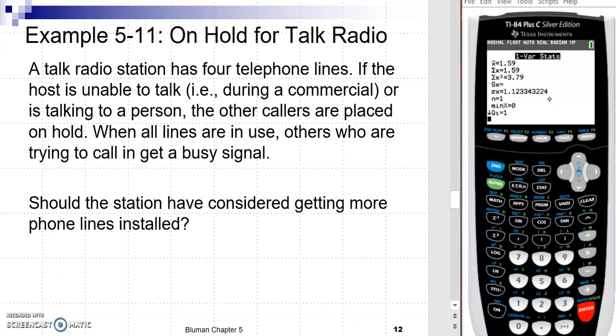Now the question here is, if the host is unable to talk and the people are put on hold, when all the lines are in use, others who are trying to call in will get a busy signal. Should the station have considered getting more phone lines? Well, as we look at this problem here, notice that on the calculator, the mean is about 1.6, and the standard deviation is 1.1.